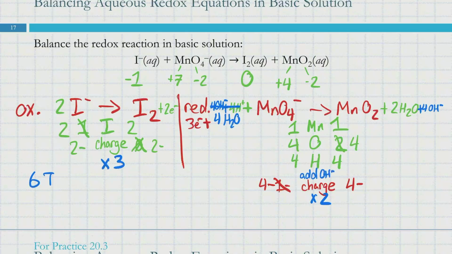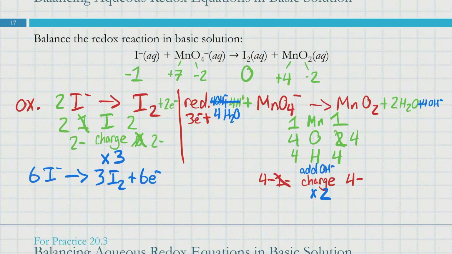we'll have 6I minus goes to 3I2 plus 6 electrons.